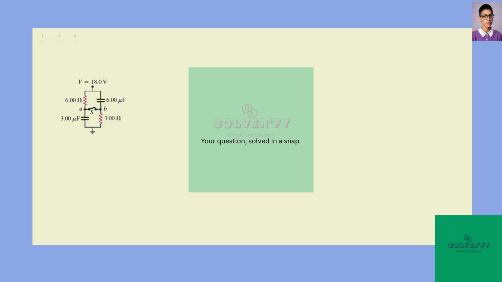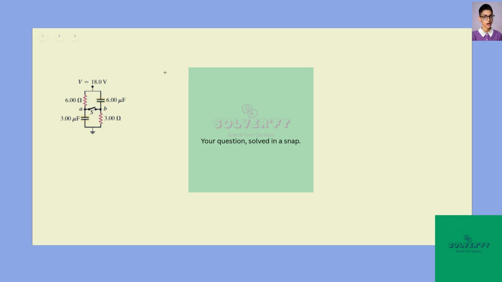Now, the first part asks, what is the potential of point A with respect to point B when the switch is open? When the switch is open, there's no current flow in the circuit, and since the capacitors are fully charged, they're at maximum charge.